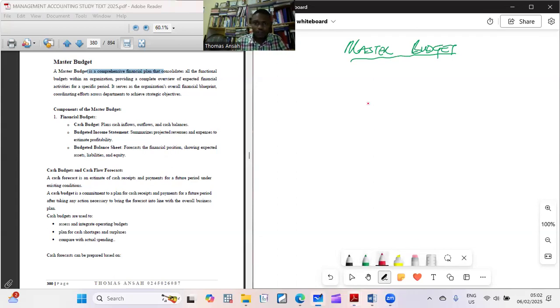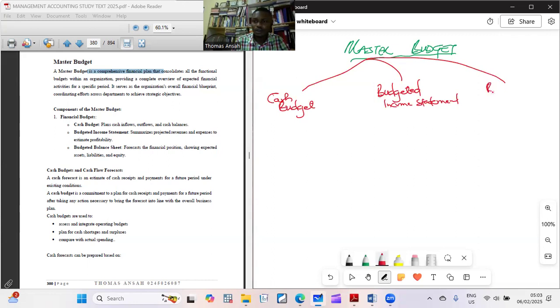We have three major categories under the master budget: the cash budget, the budgeted income statement, and the budgeted balance sheet, or budgeted statement of financial position.